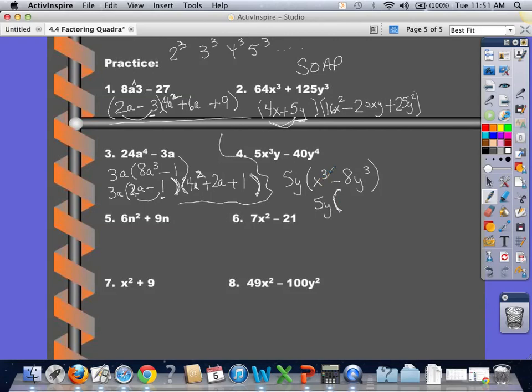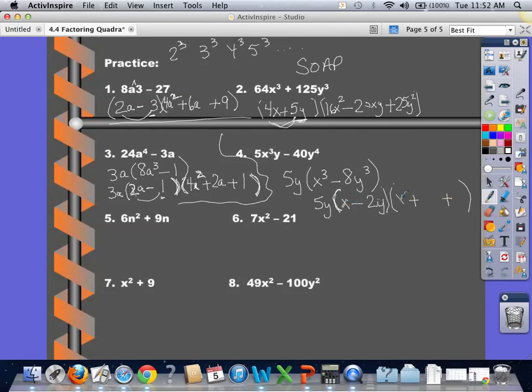Alright, cube root of x cubed is x, same sign. Alright, cube root of 8 is 2. Cube root of y cubed is y. Alright, and then if this is negative, you say opposite sign, always positive.